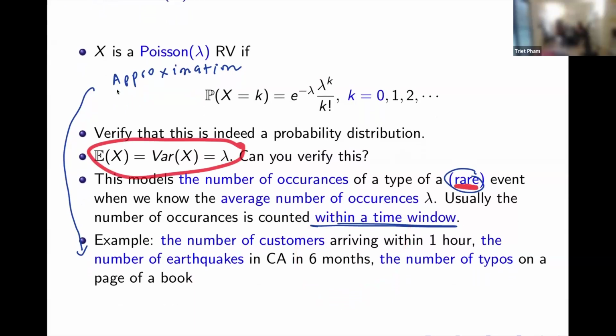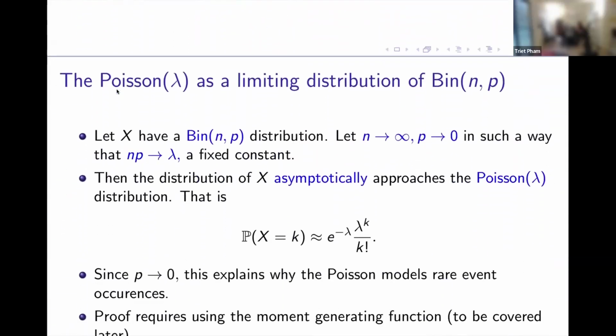Where does the rare come in? The rare comes in through this very important statement that the Poisson is the limiting distribution of a binomial. But you have to be very careful here, because we're talking about an area of probability called asymptotic distribution.